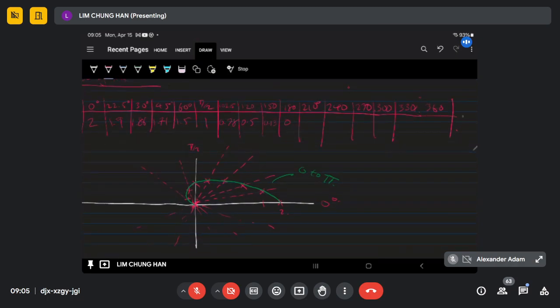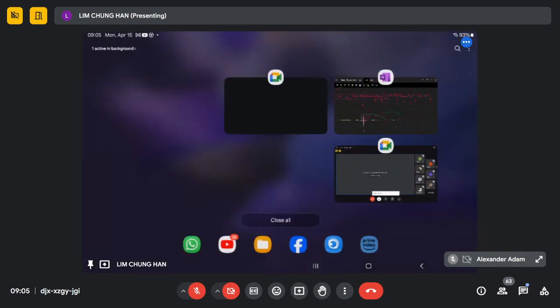I actually give you 5 minutes, enough, but I give you 10 minutes. You plot all these points. You tell me what the rest of the graph looks like. Can? Okay. 10 minutes. All right.